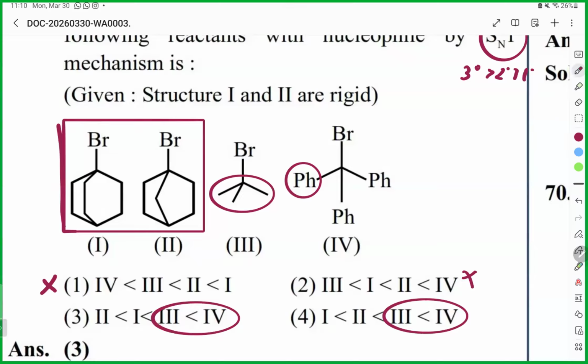Why? Because here you have again plus I effect. More donating carbon, CH2, CH2. Here you have only one carbon, CH2. Any doubt? Plus I effect increases the stability of carbocation. कैसे पता चलेगा?